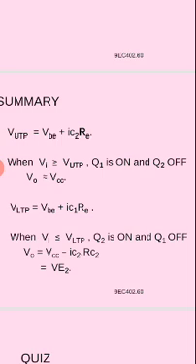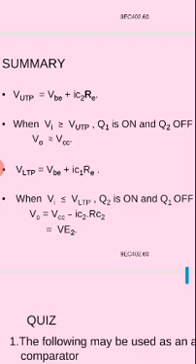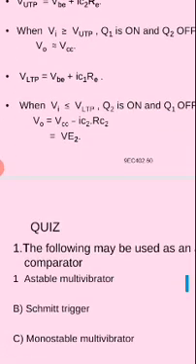V0 equal to VCC minus IC2 RC2, that is V0 equal to VE2.